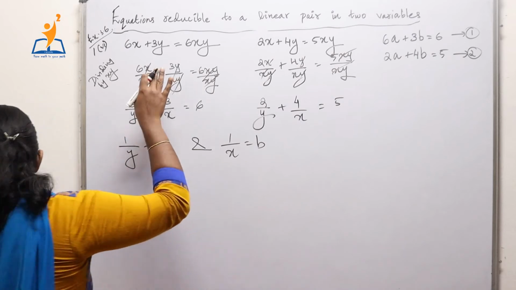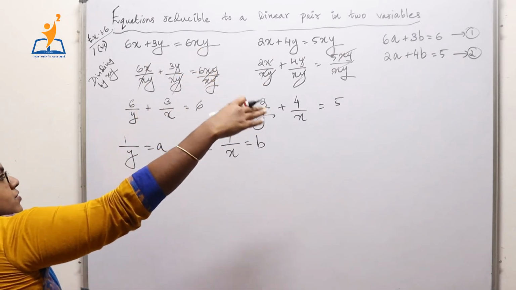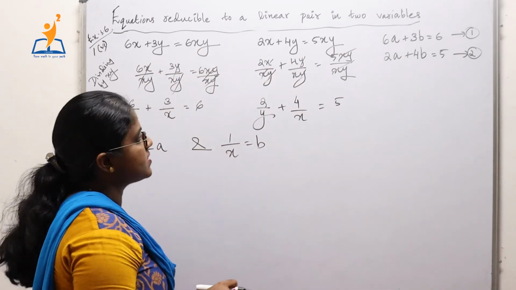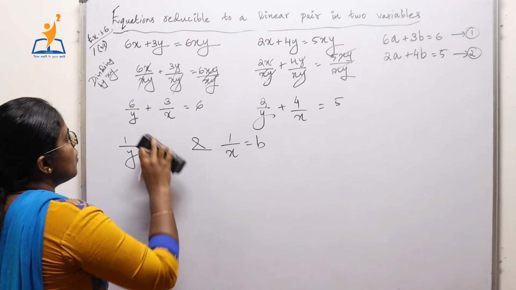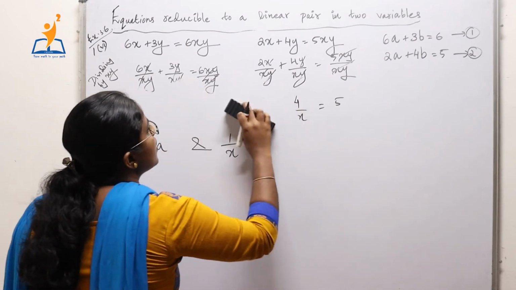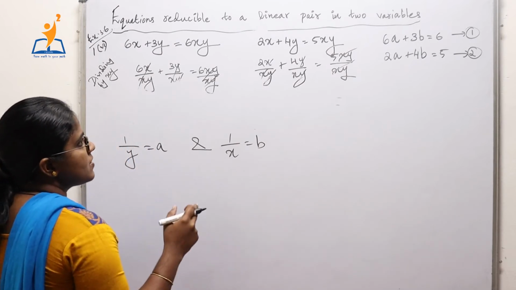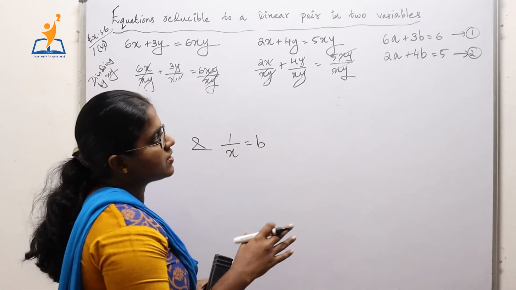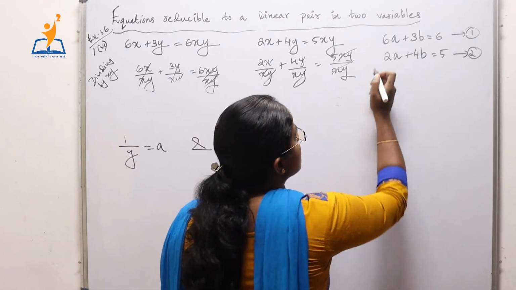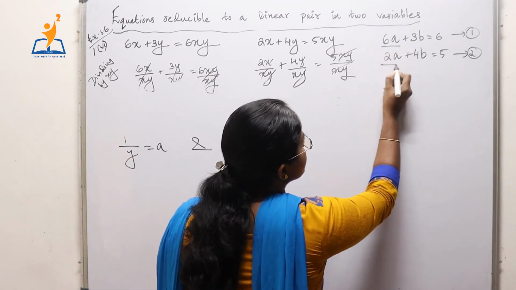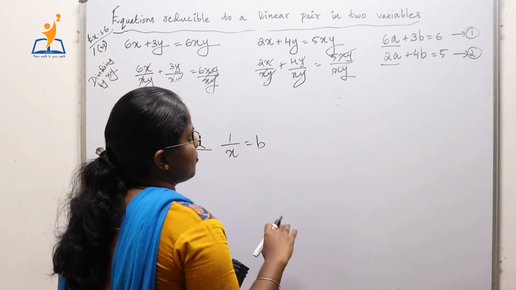So in order to solve these equations, we have to solve those linear equations in two variables. So for that we are going to use elimination method. What is elimination method? First of all, we want to make the coefficients of a or b same. So here we have 6 as the coefficient, here we have 2 as the coefficient of a.